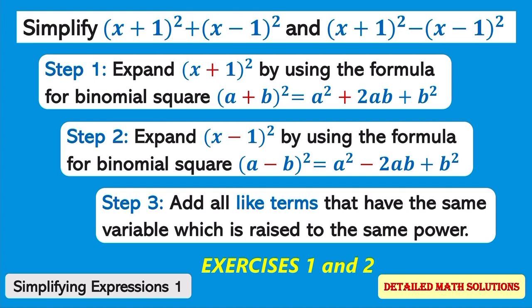As step 2, I'm going to expand the second binomial, x minus 1 in parentheses squared, by using the formula for binomial square for a minus b in parentheses squared equals a squared minus 2ab plus b squared.